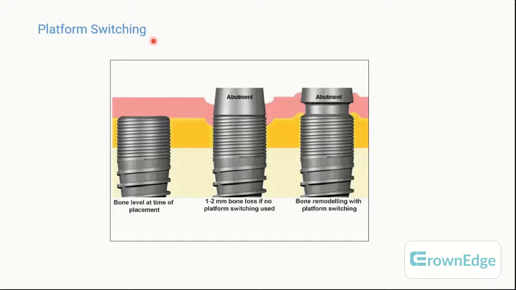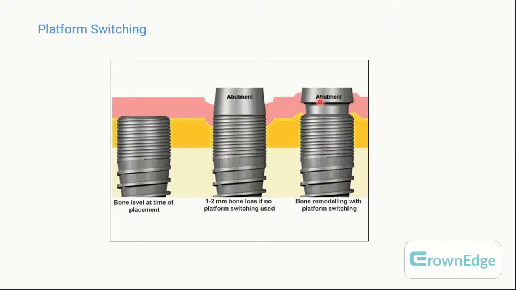Just keep in mind that it's a smaller size abutment on a designated implant head. Why is it done? Because when a normal size was used, 1 to 2 or even up to 4 millimeters of bone loss was observed. So we started using one size smaller abutment, and we made sure that the bone loss was reduced. This is referred to as the platform switching concept.